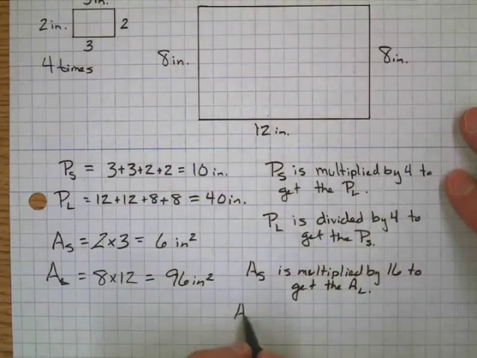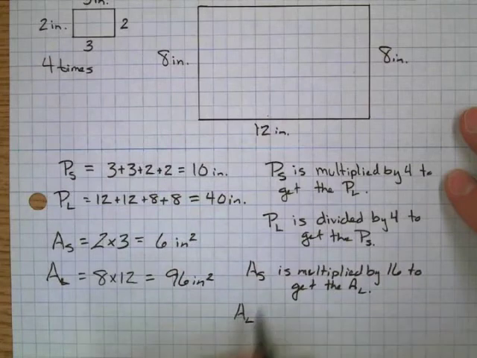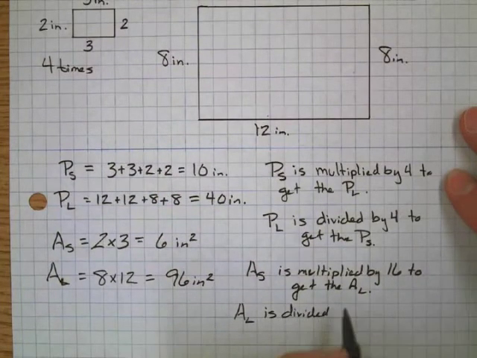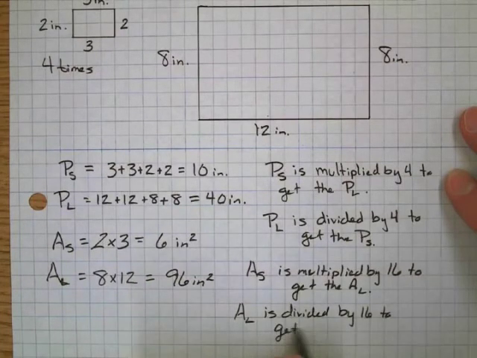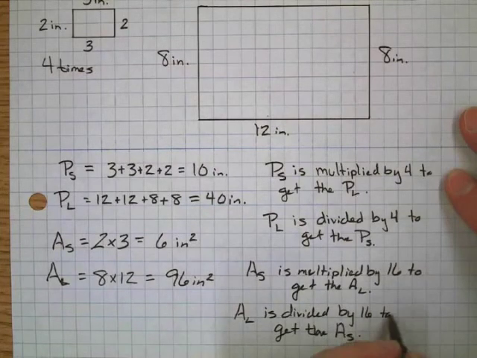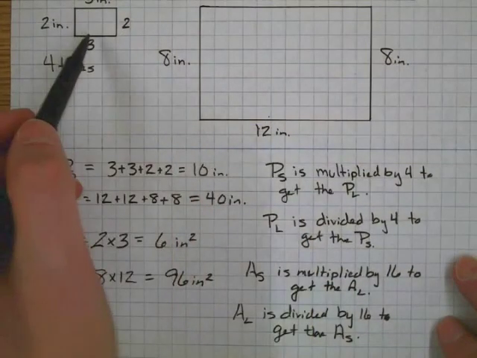Starting with the large and going to the small, the area of the large is divided by 16 to get the area of the small rectangle. Either way is fine, depending on which direction you're moving, from large to small or from small to large.